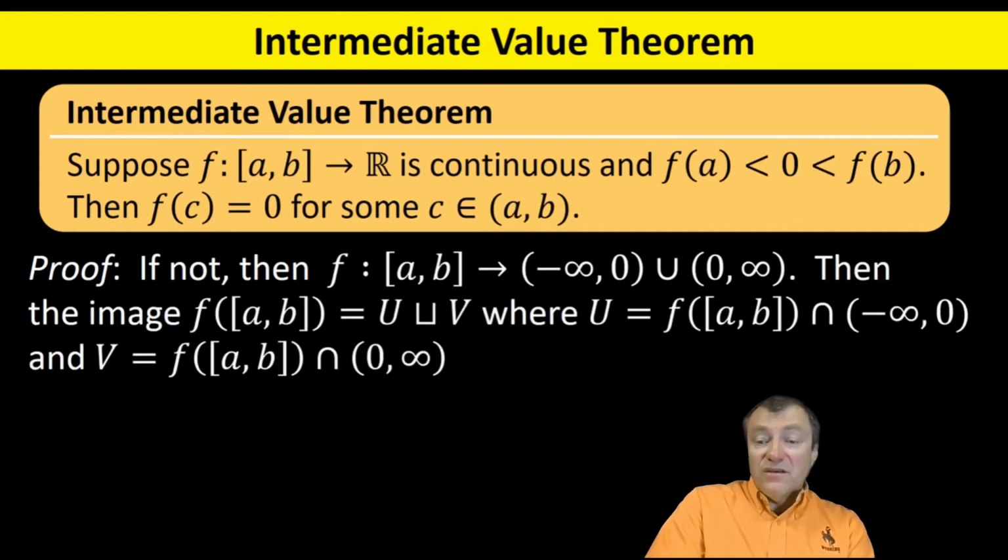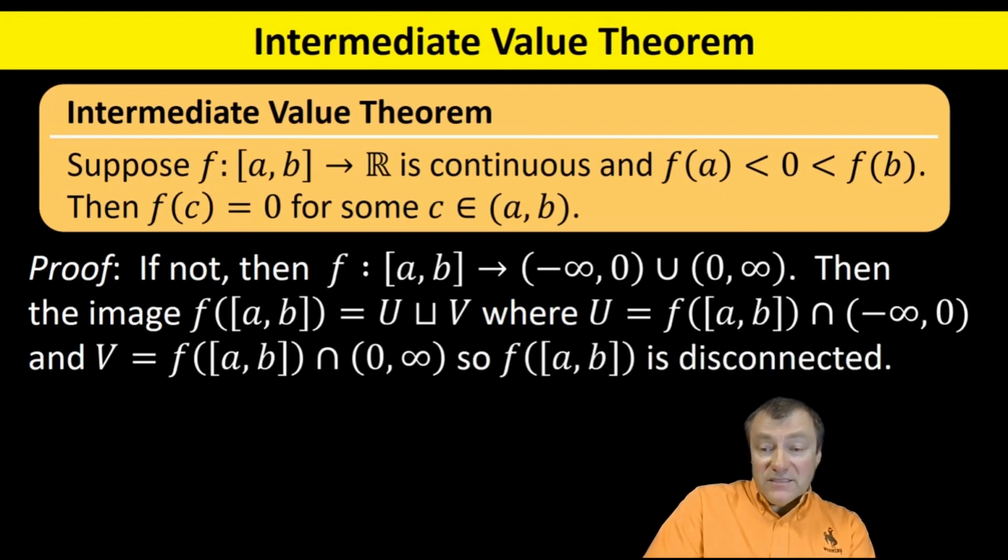Then the image of the closed interval [a, b] under f is partitioned into the negative part, which we call U, and the positive part, which we call V. Both U and V are non-empty, since U contains f(a) and V contains f(b). And both U and V are open subsets of the image, because they are the intersections of f([a, b]) with certain open intervals in the reals. Here we refer to the subspace topology for the image f([a, b]).